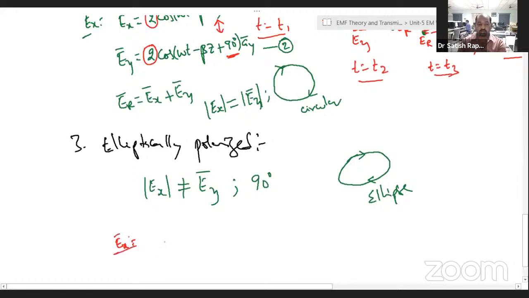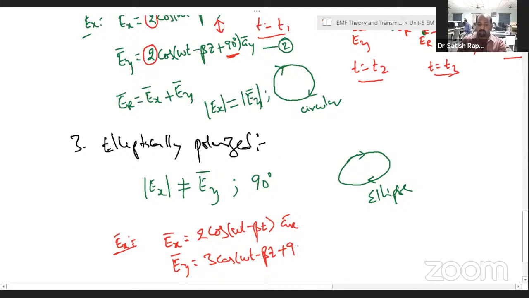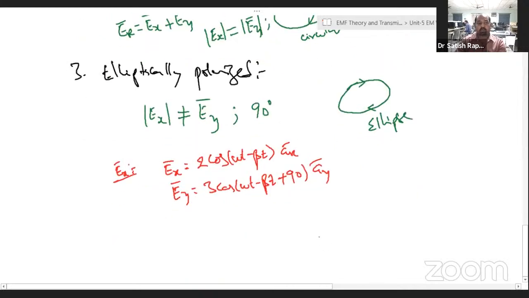So for example, if Ex bar is equal to 2 cos(omega t minus beta z) Ax bar, and Ey bar is equal to 3 cos(omega t minus beta z plus 90) Ay bar, then the wave is said to be elliptically polarized, right?